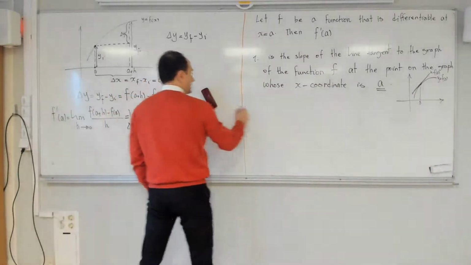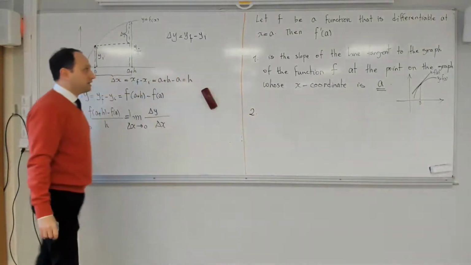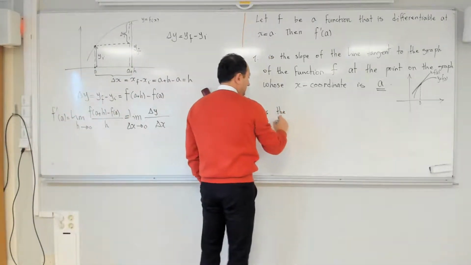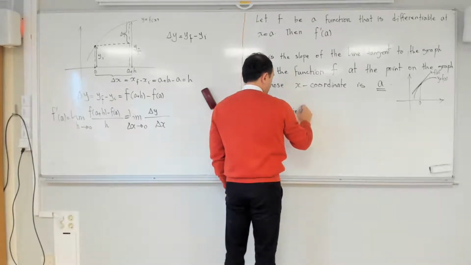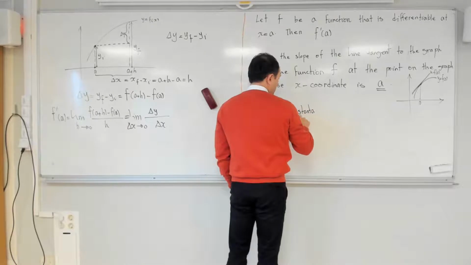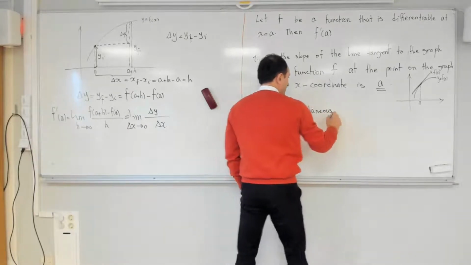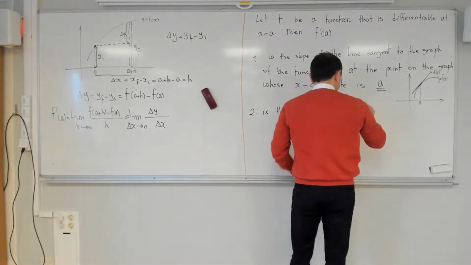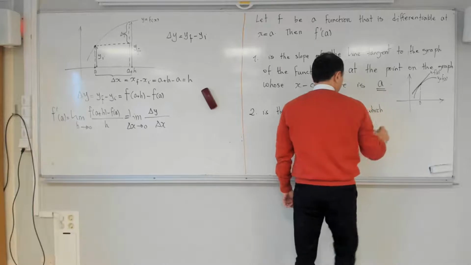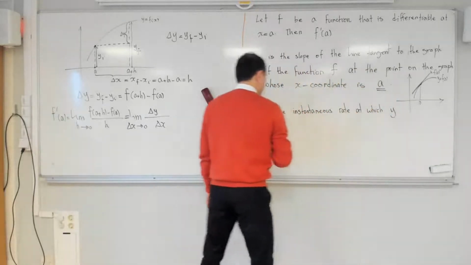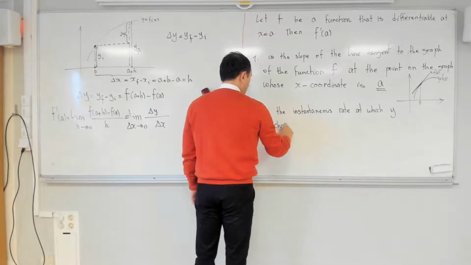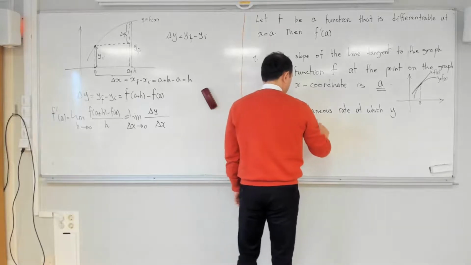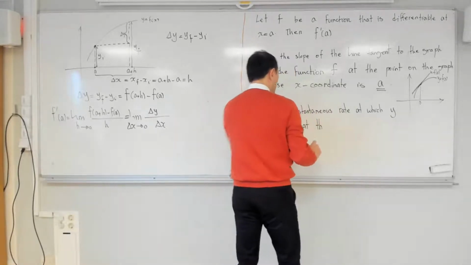Another interpretation is exactly what I have written here. So what is that one? F prime of a is the instantaneous rate at which y is changing at the point when x is equal to a.